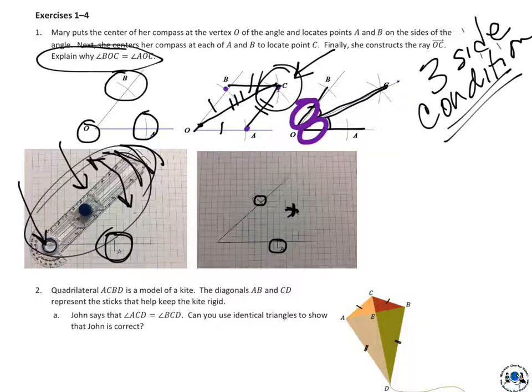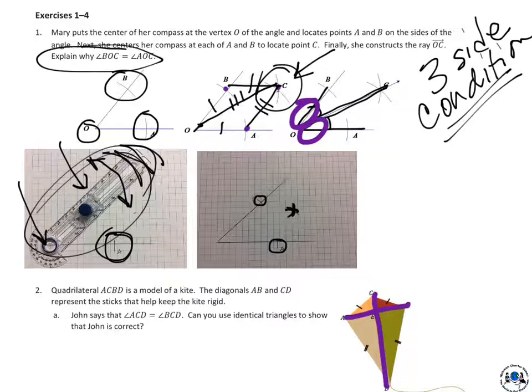The diagonals AB and CD represent the sticks that help keep the kite rigid. And those are right here, AB, CD. That makes sense. Those are the sticks that help keep the kite rigid.